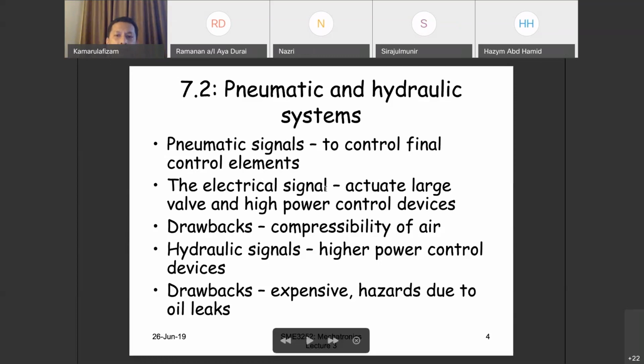An electrical signal actuates large valves and high power control devices.